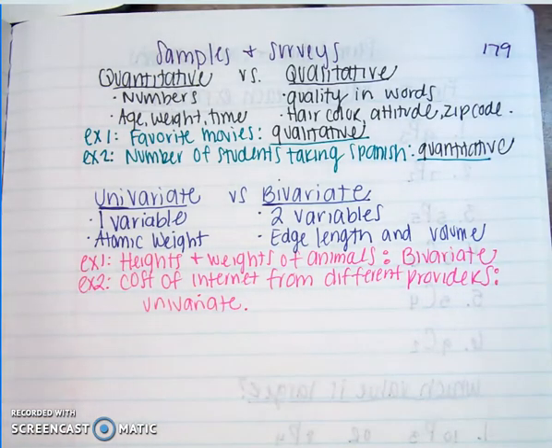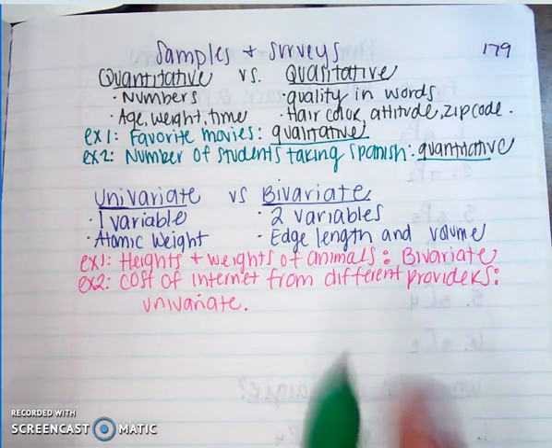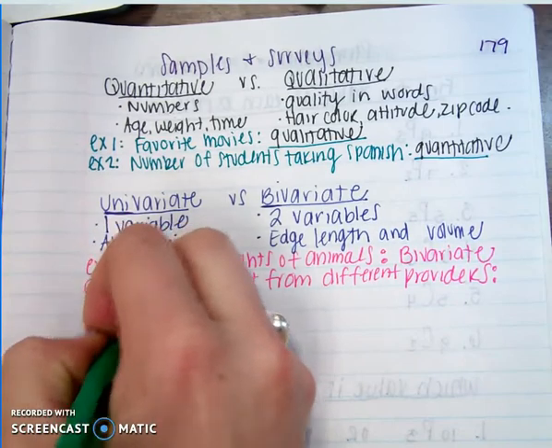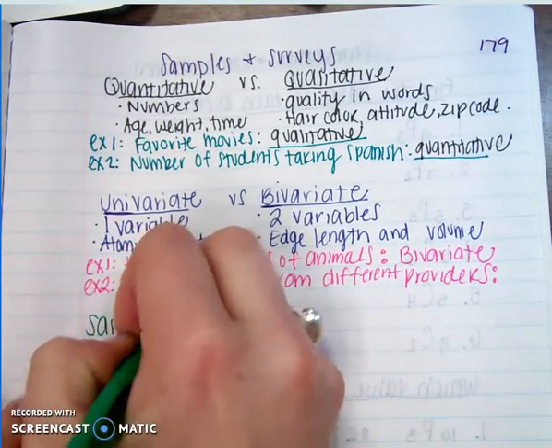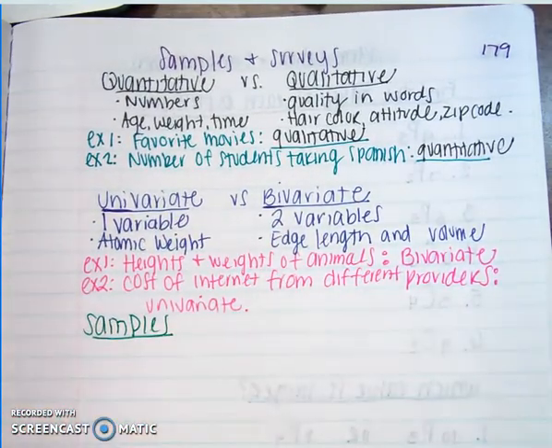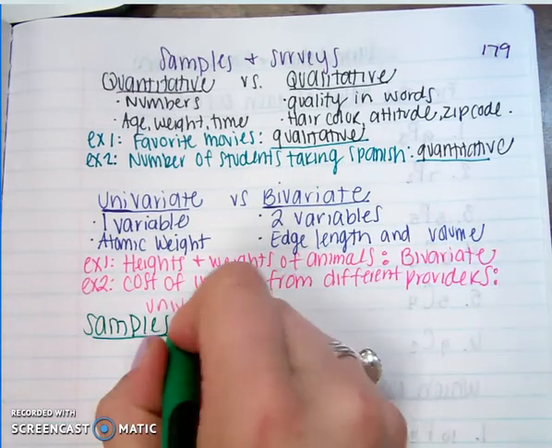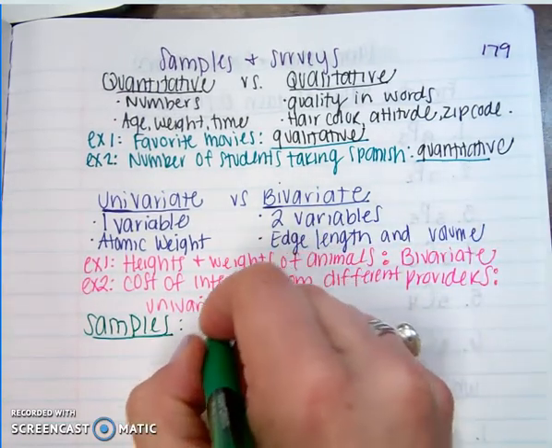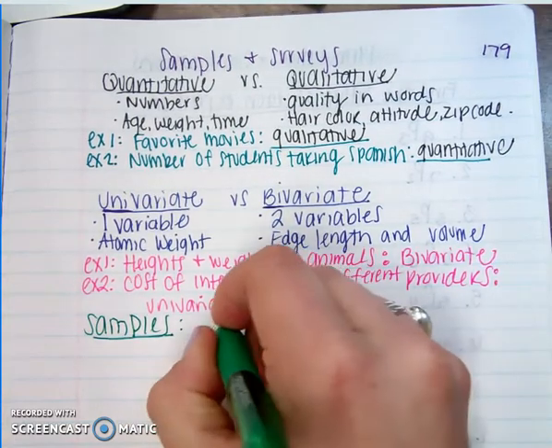That's also quantitative data. All right. Now, when we're looking at samples, if you're going to survey some population or a sample, those are the two things that we look at. If you're surveying the entire group, you're looking at the population.